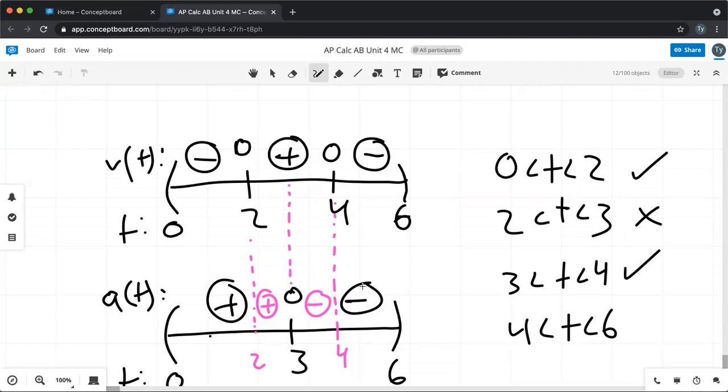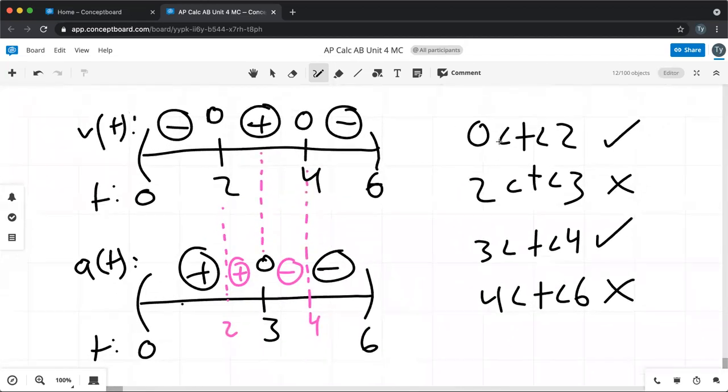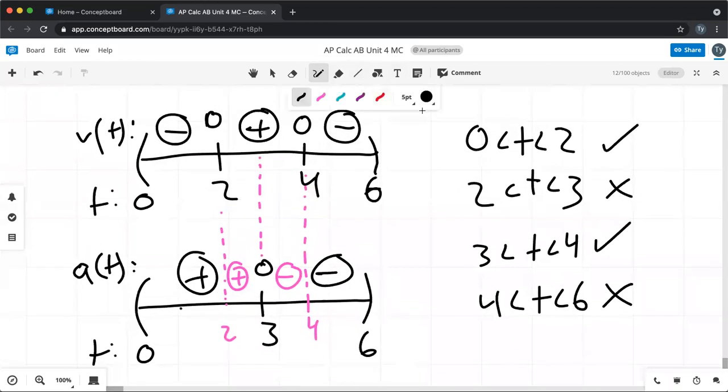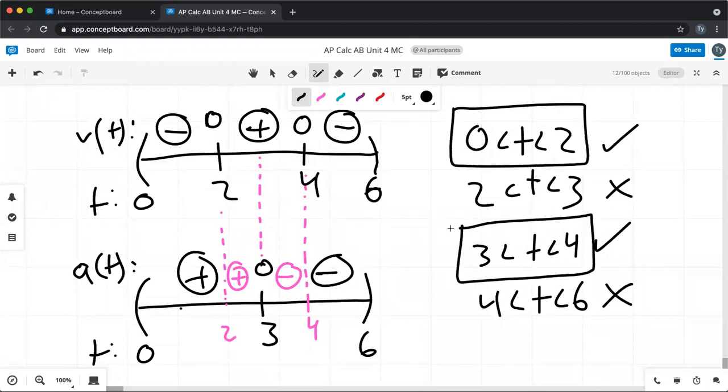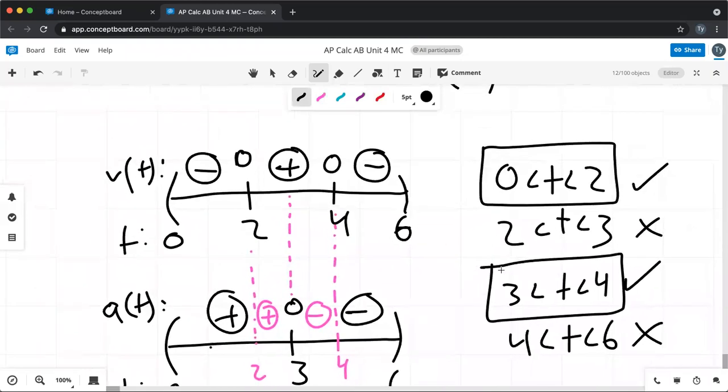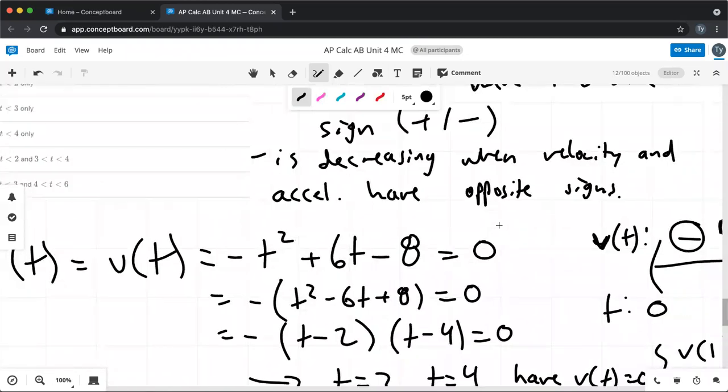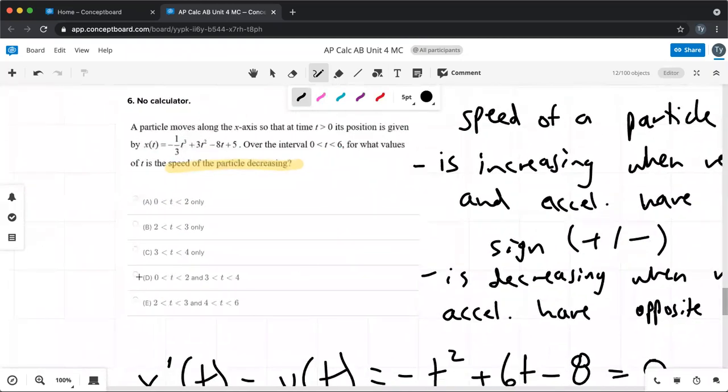They have the same signs. That means our speed is increasing. So this is not what we want. Finally, our answer is just the combination of these two that worked. On both of these intervals, our speed is decreasing: from 0 to 2 and 3 to 4. So that is answer choice D.